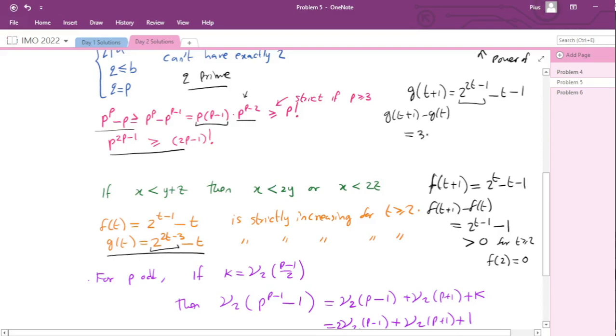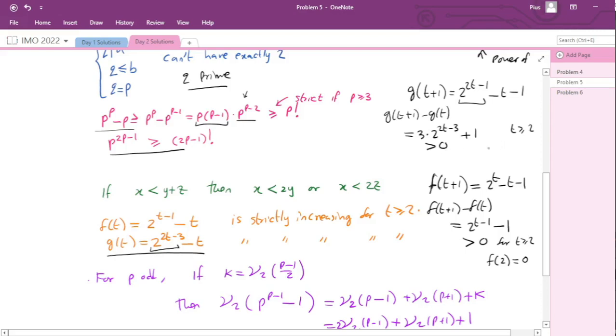So we'll get 3 times this when we take the difference, then plus 1. T will cancel out. Okay, so we have this. When t starts from 2 as well, you see that this is going to definitely be positive. In fact, this is always positive irrespective of the value of t. So in fact, this is always increasing. So we get this greater than 0.